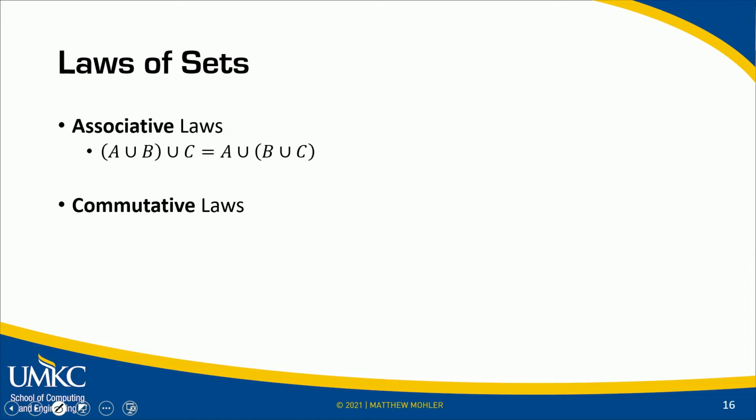The first one we'll look at is that (A ∪ B) ∪ C is equal to (B ∪ C) ∪ A. Now, this looks pretty familiar from our basic days of algebra when we said that (A + B) + C is equal to A + (B + C).